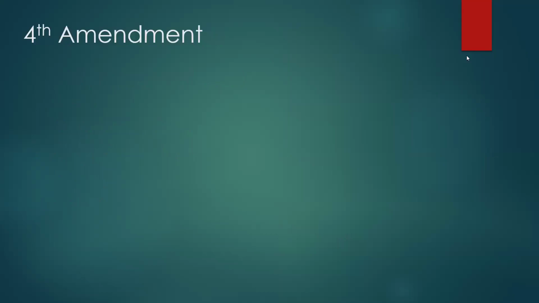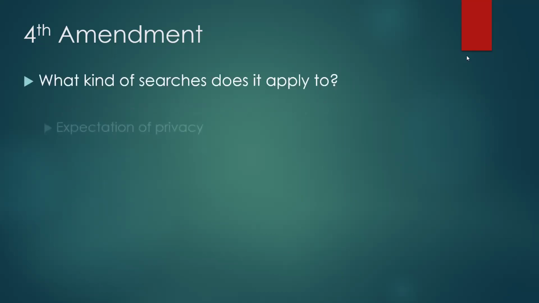The Fourth Amendment. Now we talked about the exclusionary rule and how the Fourth Amendment is enforced. Let's look at what the Fourth Amendment actually provides. So first of all, what kind of searches does it apply to? It doesn't apply to every single type of search, only certain searches. So what kind does it apply to? It applies to searches of persons or property over which a person has a reasonable expectation of privacy.